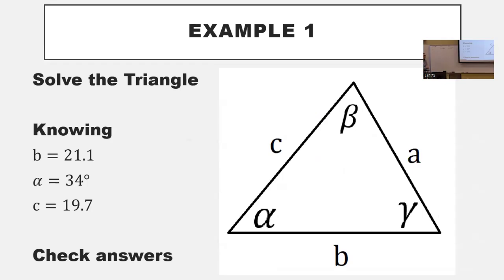So let's solve the triangle that we were just given, that we couldn't solve in the previous section, where B is length 21.1, alpha is 34 degrees, and C is 19.7.